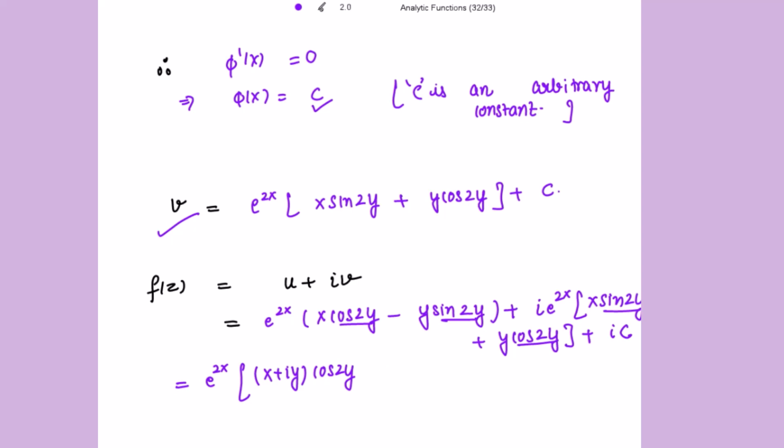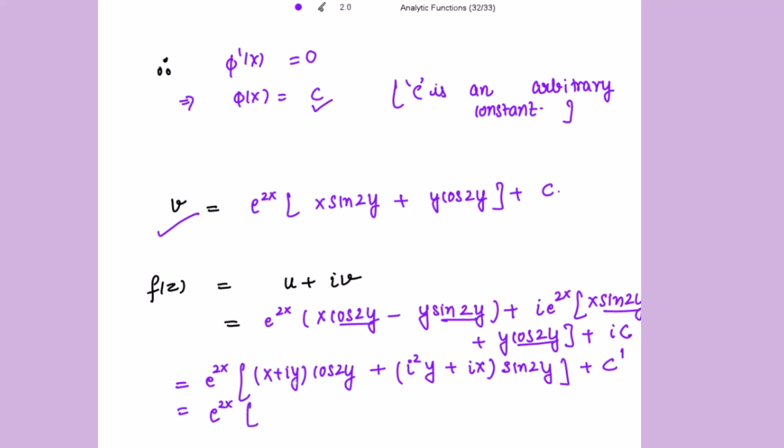So writing this as i squared and taking sin 2y common, I get plus i squared into y plus ix, and writing sin 2y. And then plus iC, let me write this as C'. Is it fine?